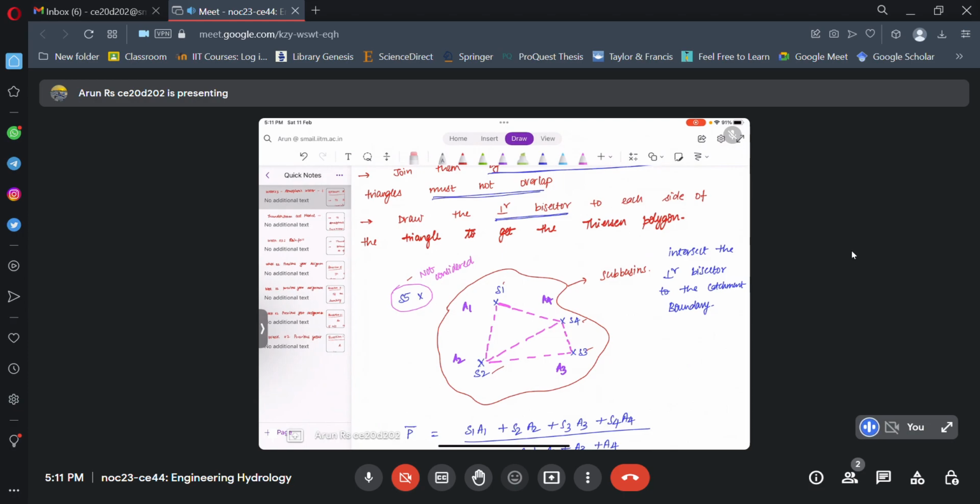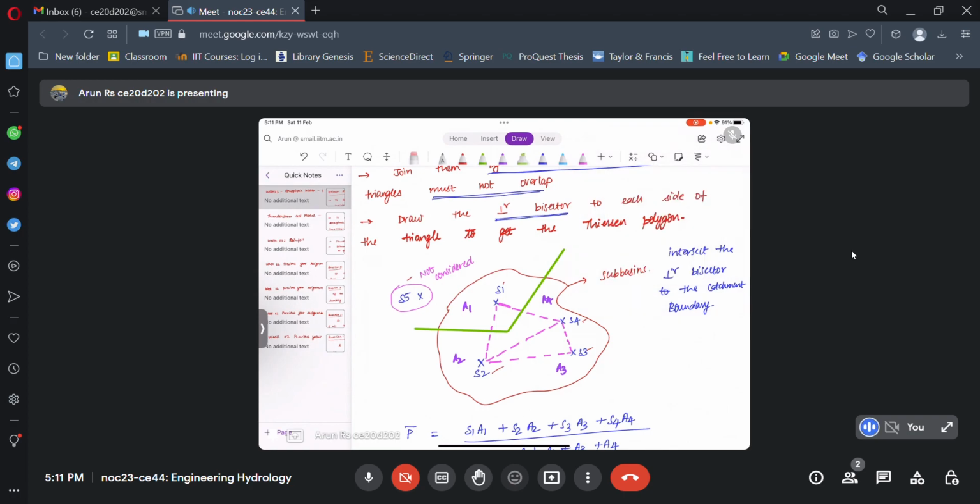For this particular side, the perpendicular bisector will look something like this. Then for this side, it will look something like this. And we need to stop at the place where these two perpendicular bisectors meet.